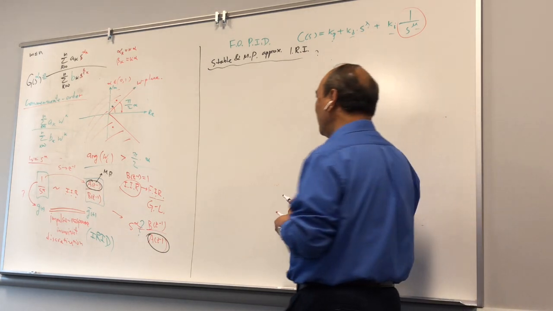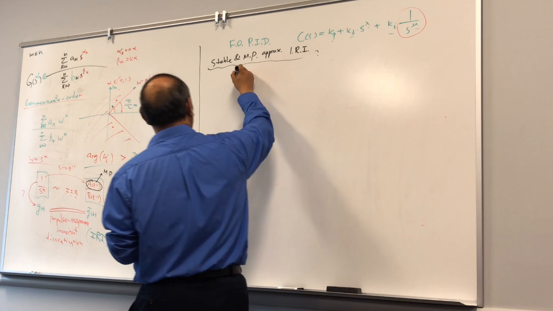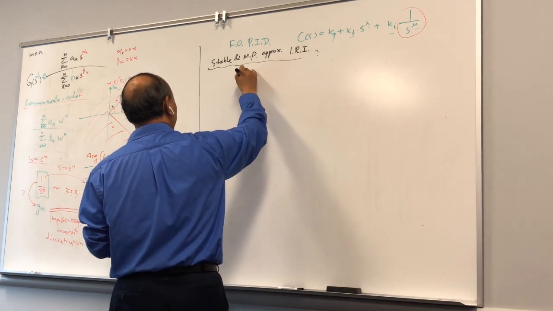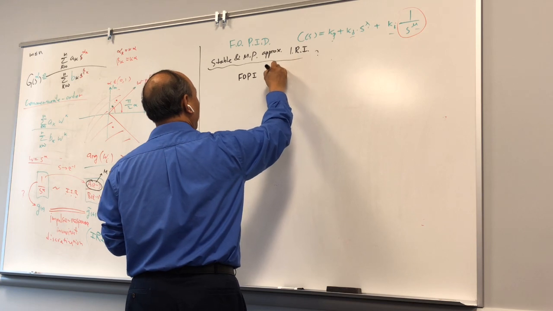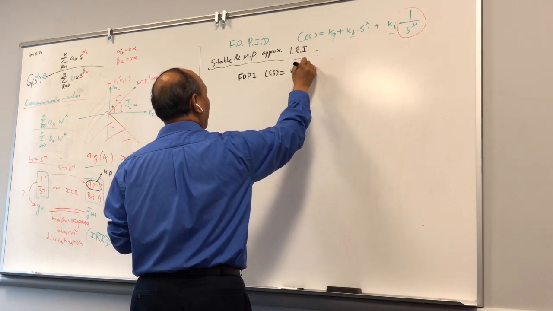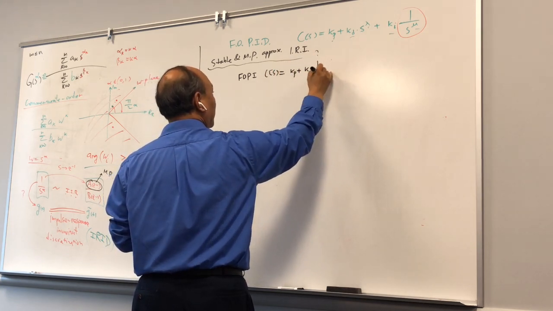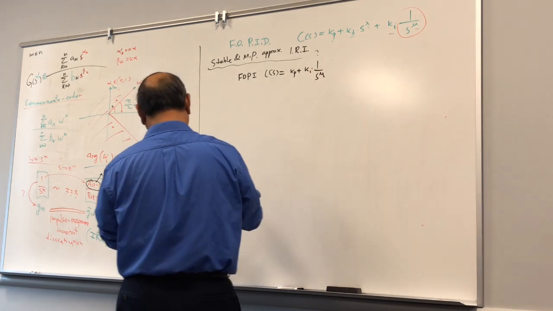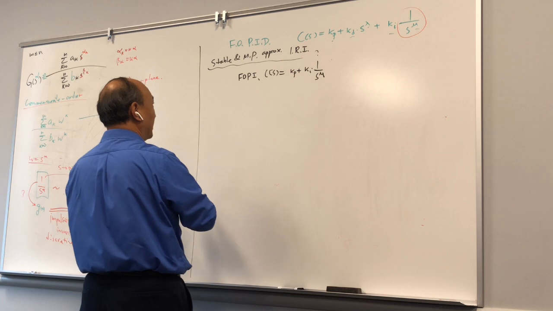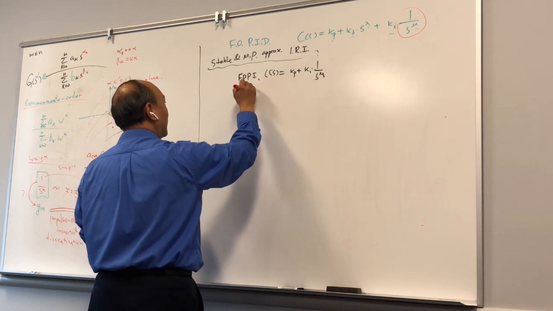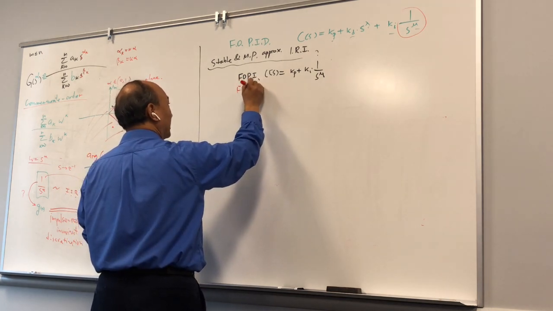In the literature we have FOPI. It's called C(s) equals KP plus KI s to the power of mu. This is FOPI. But we also invented something called FO graph PI.